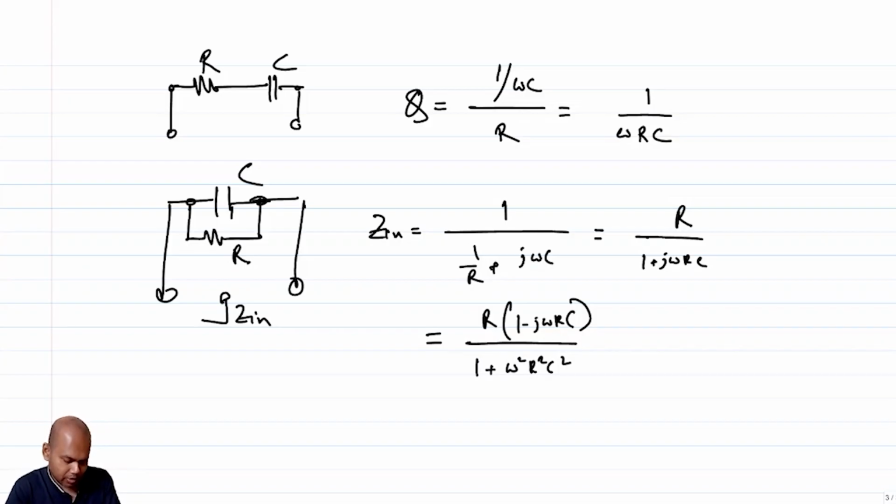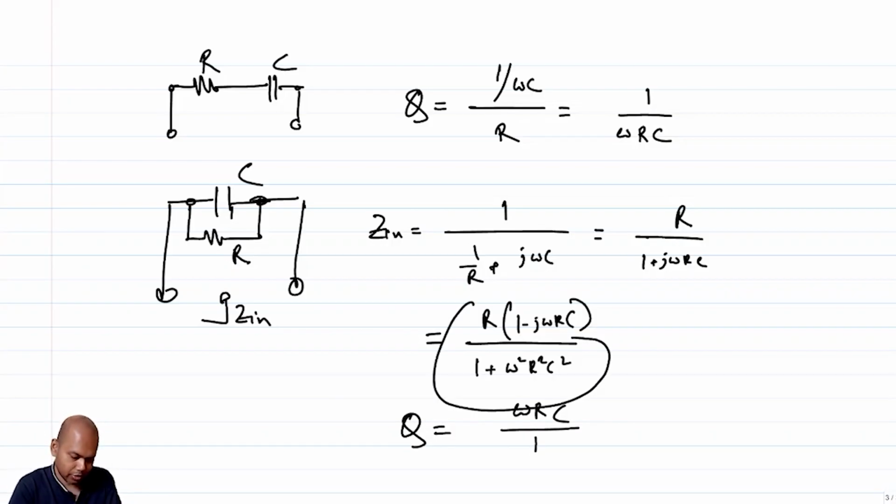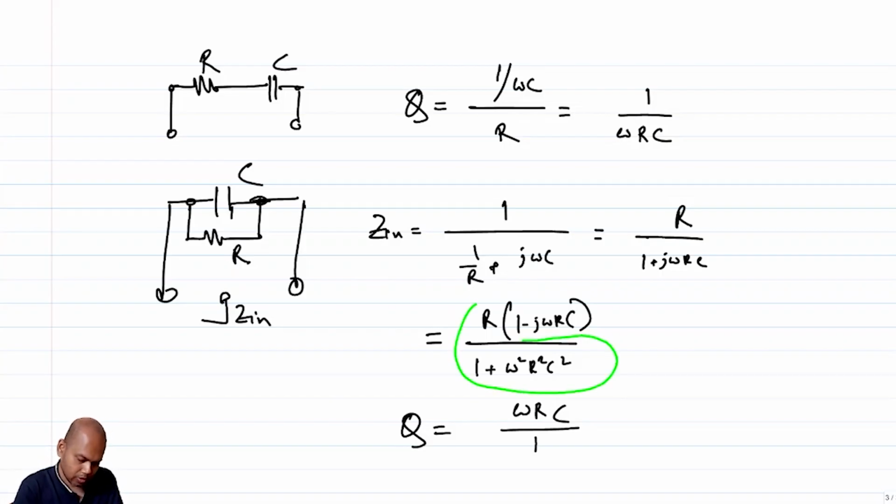Which effectively means that your Q factor is, the imaginary part is omega RC and the real part is 1, right? The other terms get cancelled out because this part is common, so we don't have to bother. So your Q factor is omega RC.